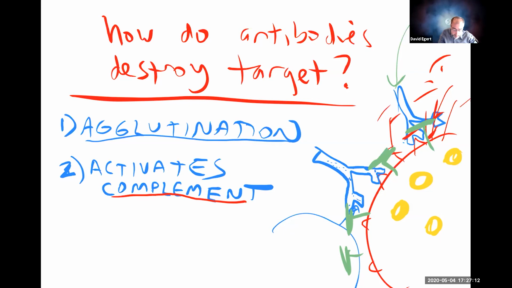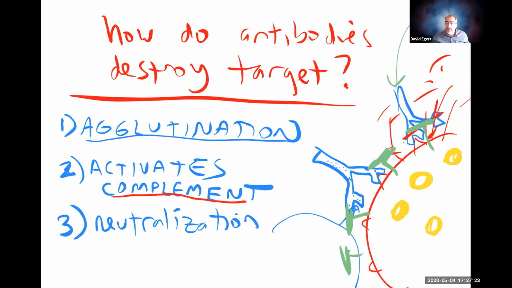Then the third way they work is something called neutralization. And this is basically by blocking important sites on the target. So an analogy again would be like these little things start sticking on me and it's like, oh, big deal. But all of a sudden they're getting in between my fingers.